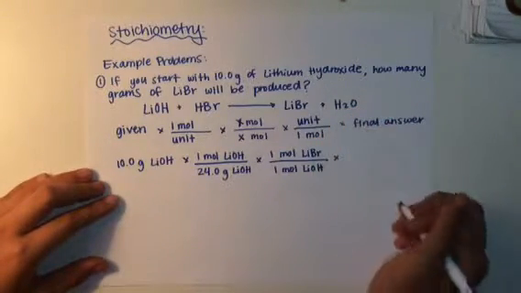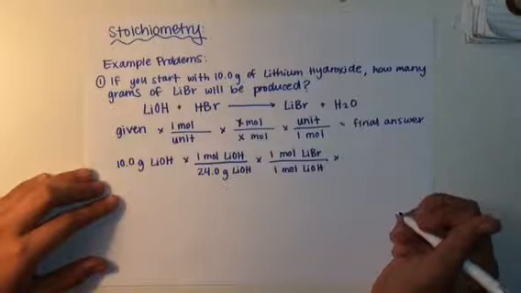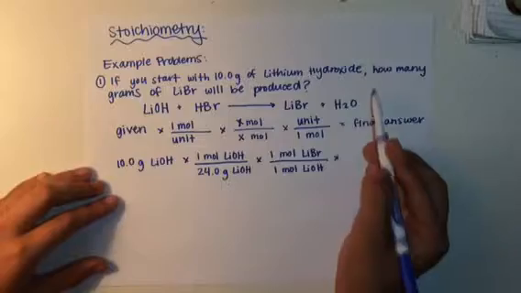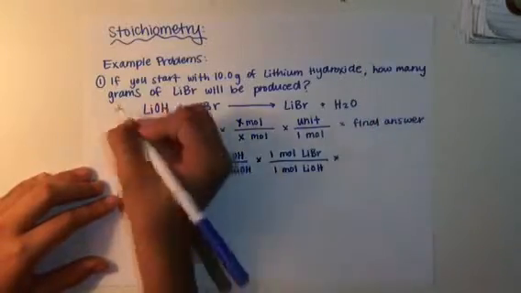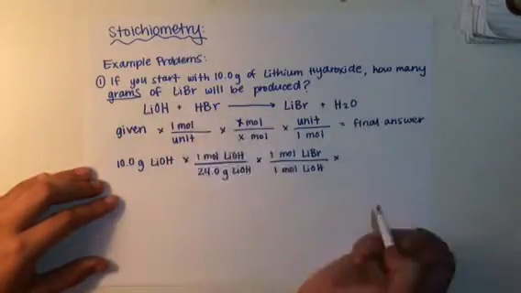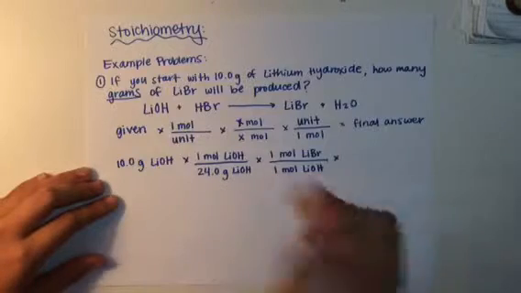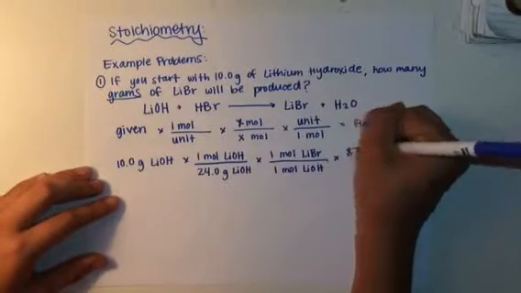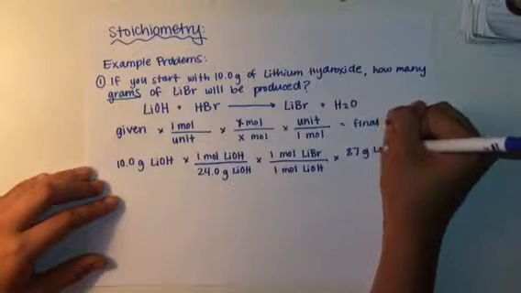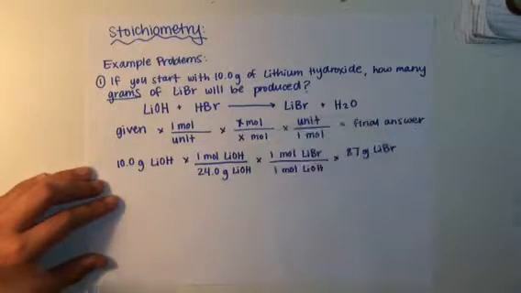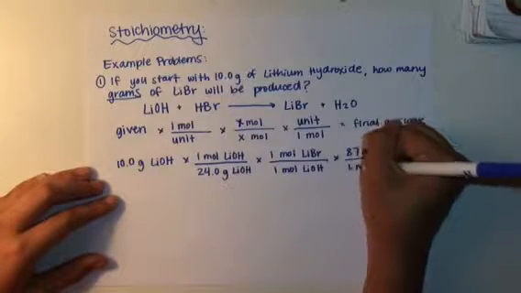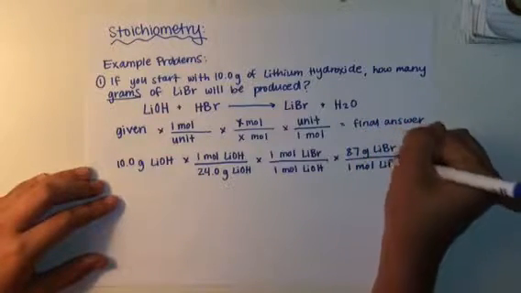So following the map, the next thing that we're going to do is use the units in which we need to find lithium bromide. So we need to find how many grams of lithium bromide. So we're going to take the molar mass of lithium bromide, which is 87 grams, and we're going to put it over 1 mole of lithium bromide.